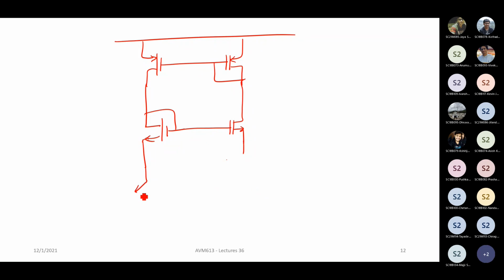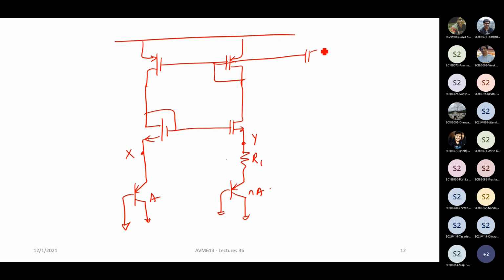But now what we will do is use a PNP transistor, the same core. This makes sure that the voltages are equal, so this is our X and this is our Y, this is A and this is N times A. And this current can be mirrored, and this will also be a PTAT current.